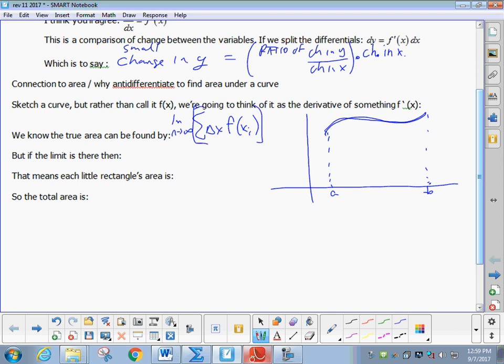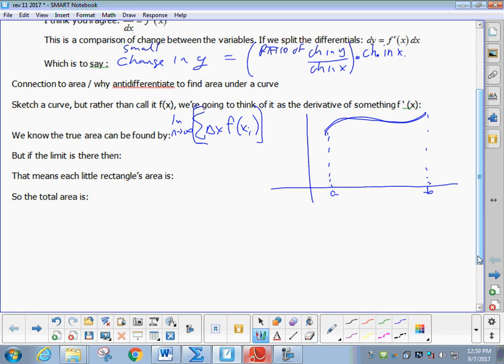You follow? We did that, and it was lots of fun, but it was work. And furthermore, it was limited. We have formulas for squares and cubes, so we were able to do x squared. But what if I said sine of x? There's no formula for the sum of a lot of sines at different places. So we're limited in what we can find areas for.